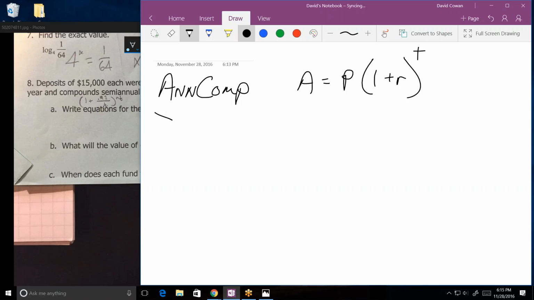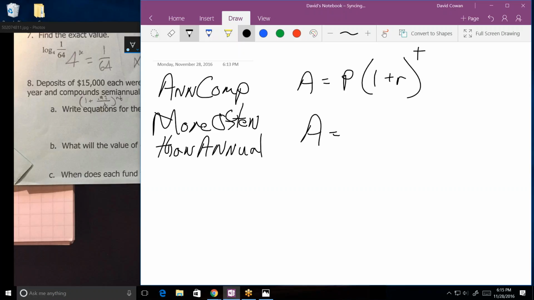Greater, let's call it more often than annual. I don't know how math refers to that. I always find it very cumbersome to label. What's that equation?